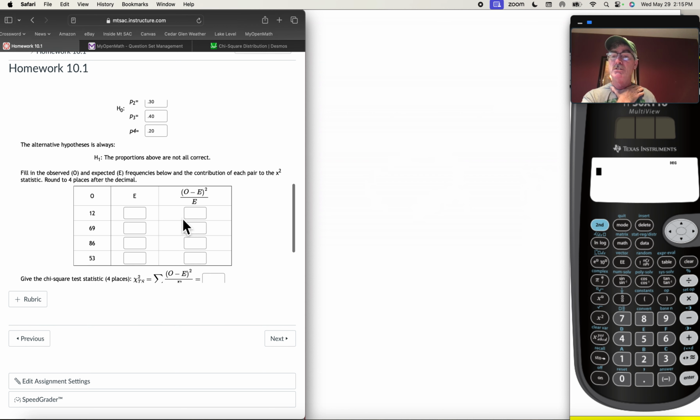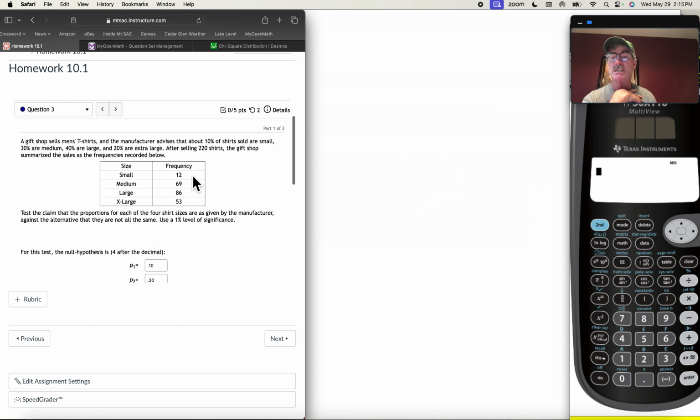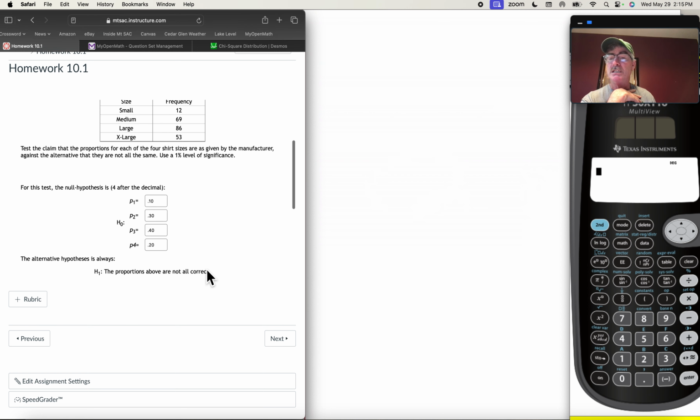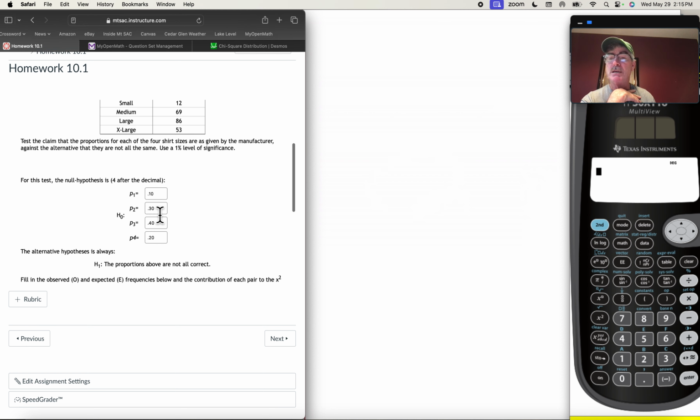And then we have to do the observed frequencies and the expected frequencies. The observed frequencies are just the quantities that were sold, but the expected frequencies would be based on these proportions. As a reminder, expected frequency is always n times p for these binomial or multinomial experiments.